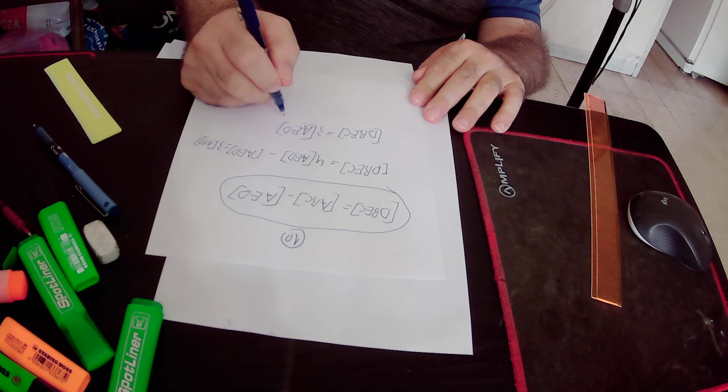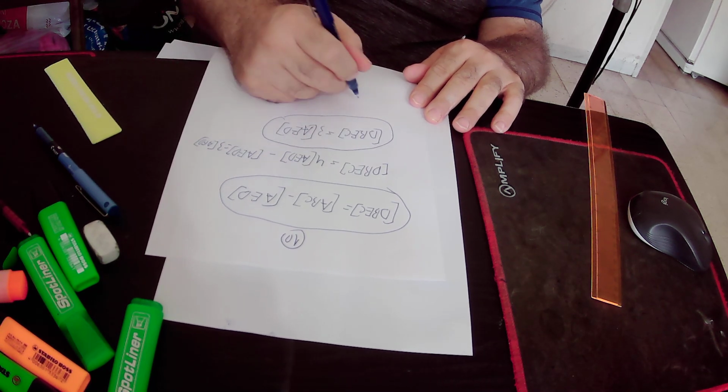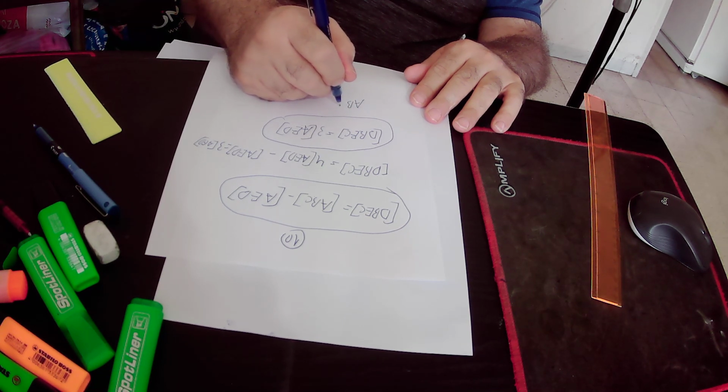Okay, and we also have already found out that the area of triangle ABC is 4 times the area of triangle AED.